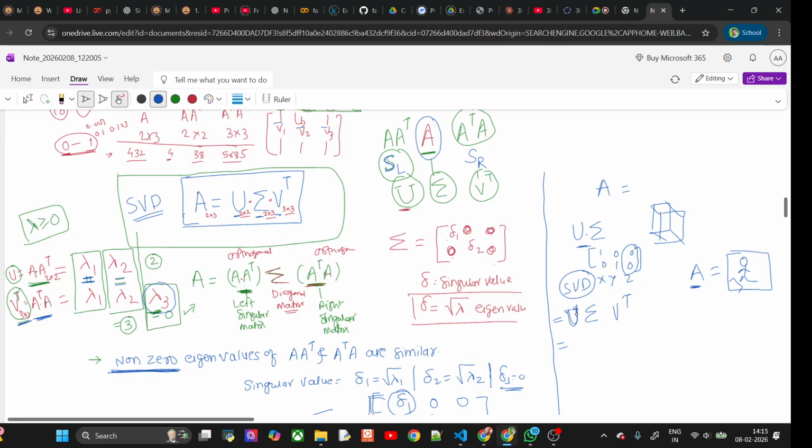It will first rotate the photo, so if the person is like this, it just rotates the photo, like this.